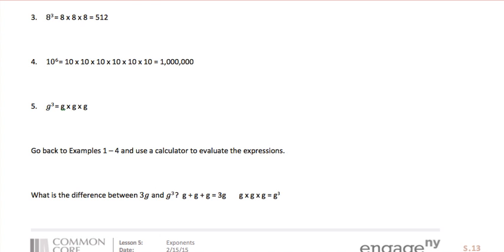Which is very different. As you can see, adding g 3 times would be a relatively small number. Multiplying g 3 times could be a very large number, depending on what the value of g is.